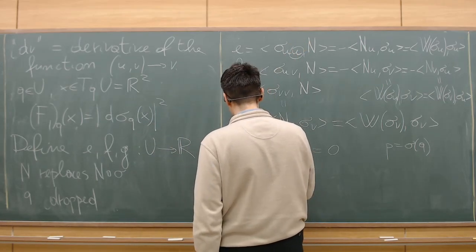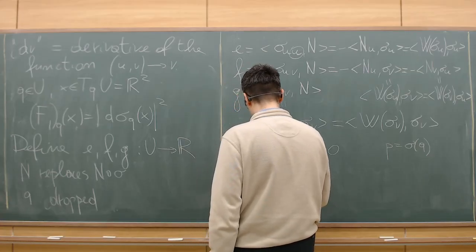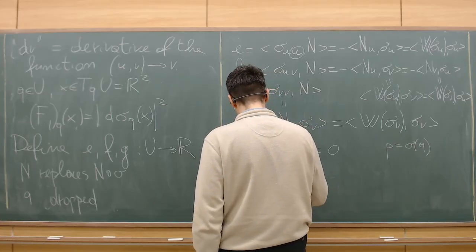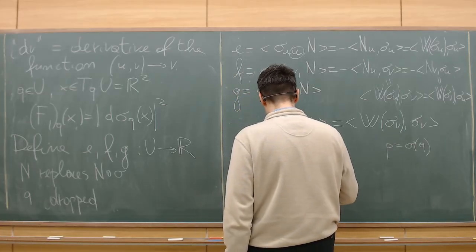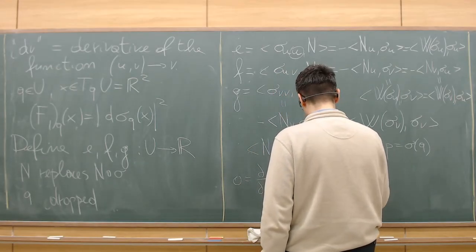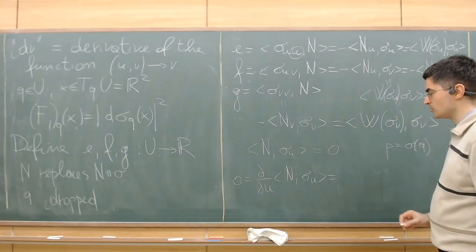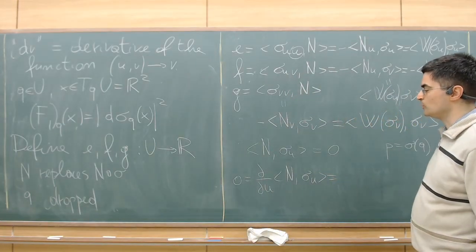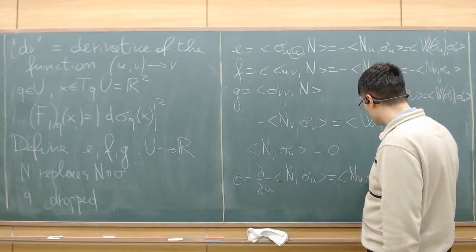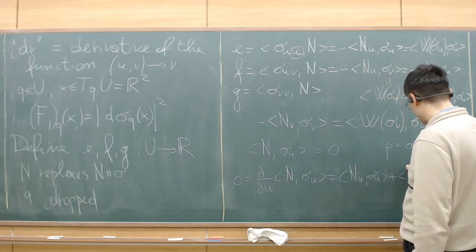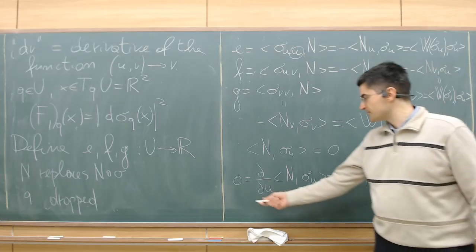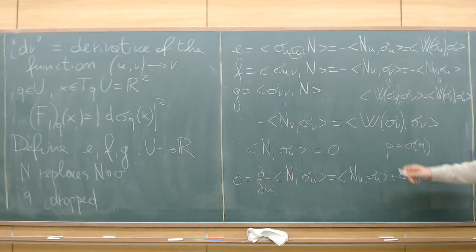We get 0 equal, using the formula for the derivative of a product, nu sigma u plus n sigma uu, and from the fact that this is equal to 0, I get immediately this identity.